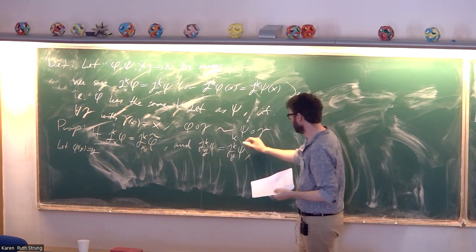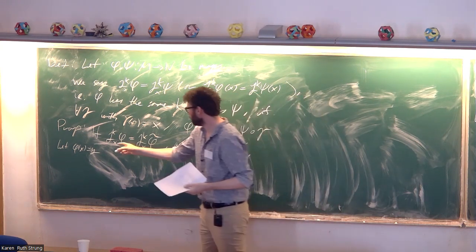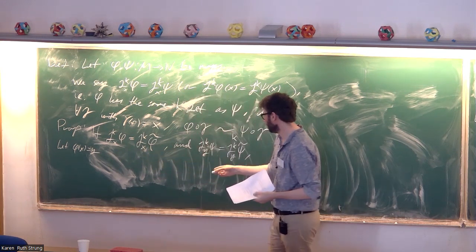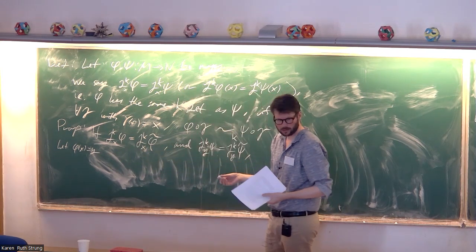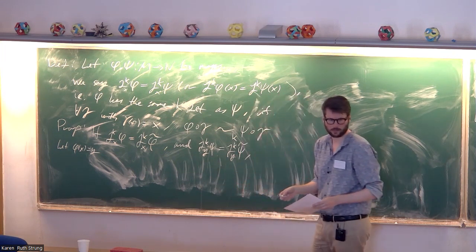So anyway, if the two maps phi and phi tilde have the same k-jet, and psi and psi tilde have the same k-jet, then their composition also has the same k-jet.